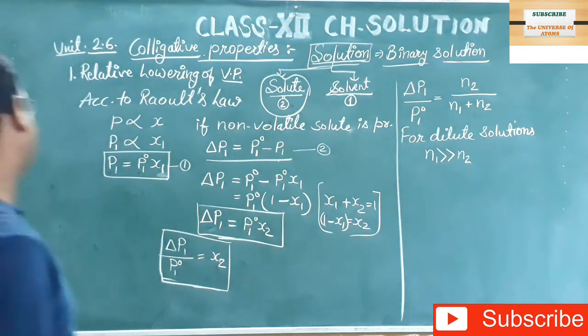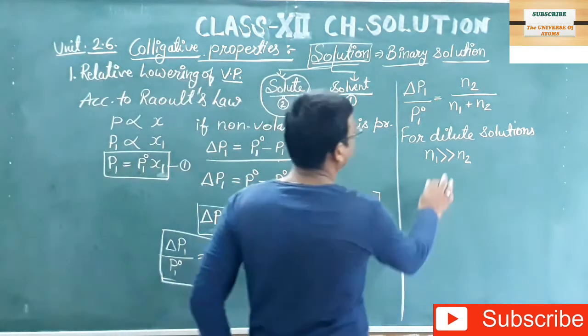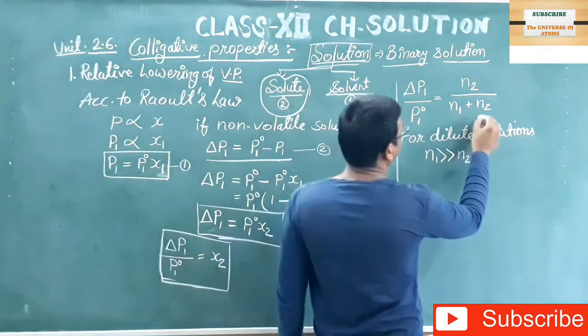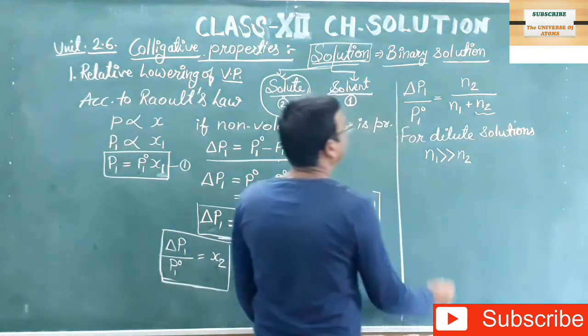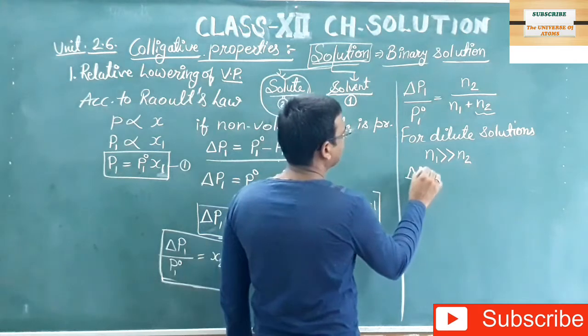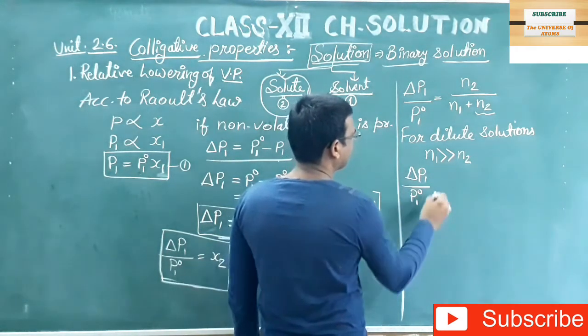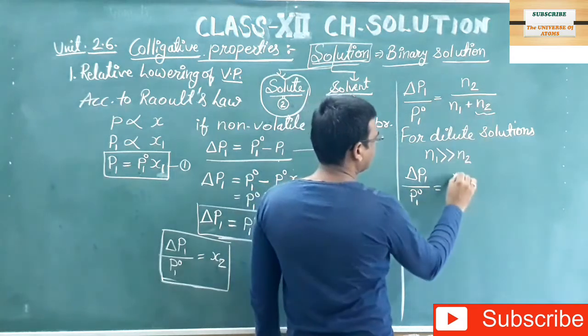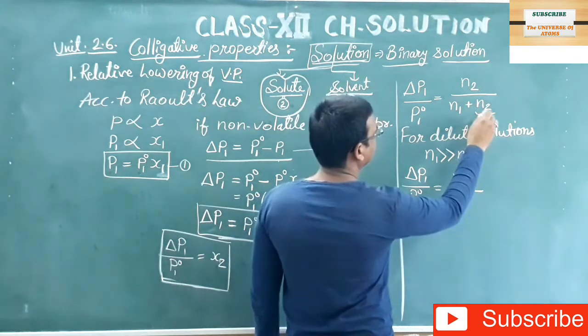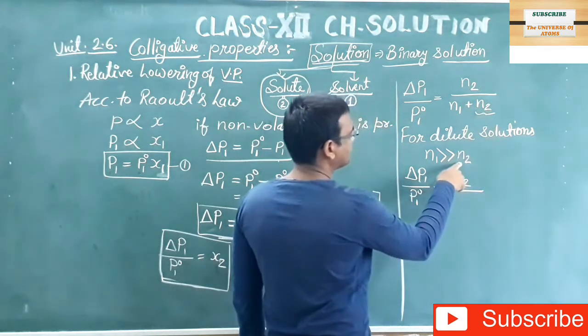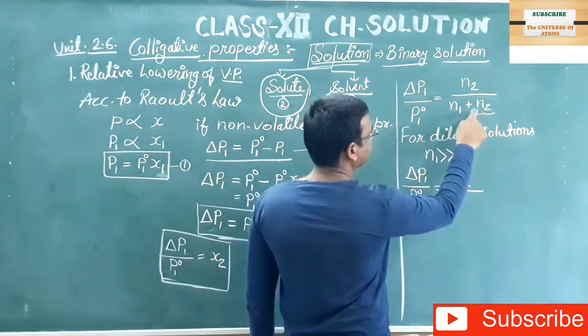Now what is the use of this relation? From here n2 can be omitted from the denominator. Now it becomes delta P1 upon P1 naught equal to n2, no change, upon n1, since n2 is very small with respect to n1 and we can ignore it.